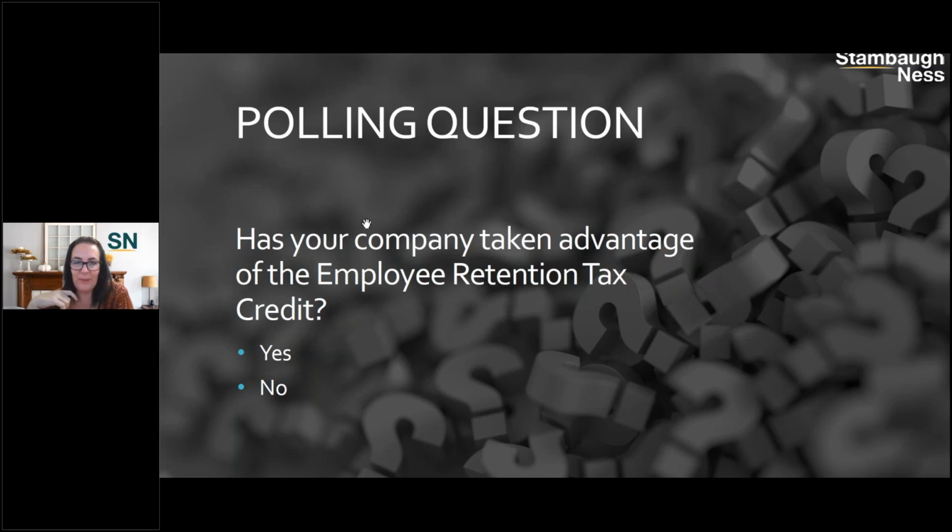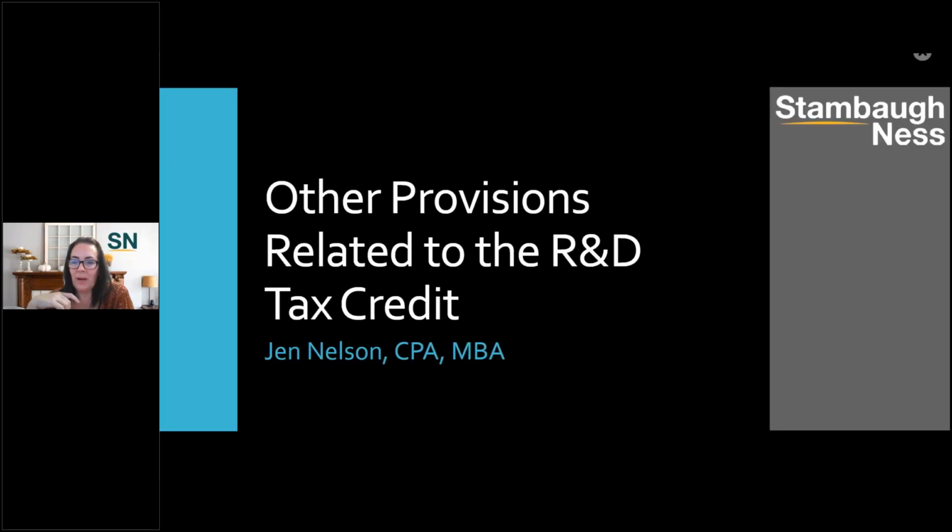All right. Thank you, Tom. So in the final few minutes here, I am just going to wrap up and talk about a few miscellaneous provisions related to the R&D tax credit and bring it all together so we can conclude.